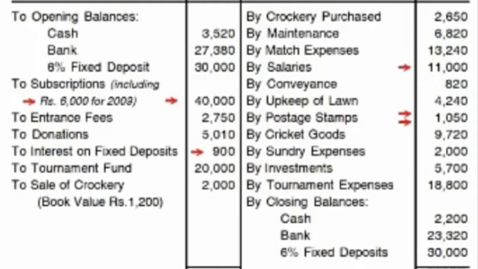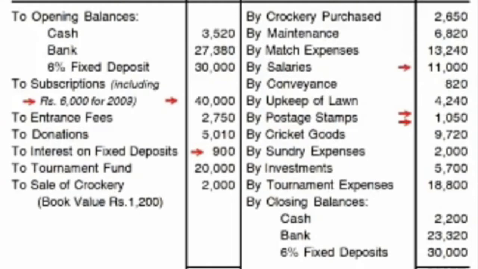In asset side, cash 2200, bank 23,320, 6% fixed deposit 30,000. In between opening balances and closing balances, we need to record all items in either income and expenditure account or balance sheets. We can start from receipt side.